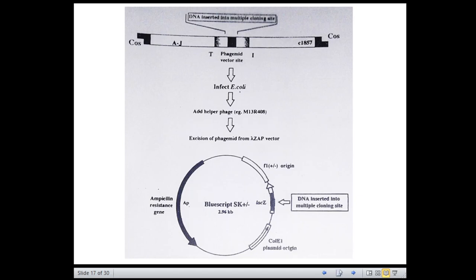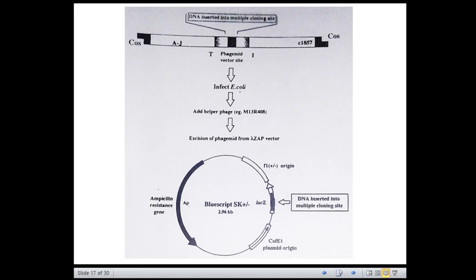Right. So, moving further, we have the M13 and phagemid-based cloning vectors. Single-stranded bacteriophage vectors such as M13 have been of great value in molecular biology. They are all single-stranded bacteriophage vectors.